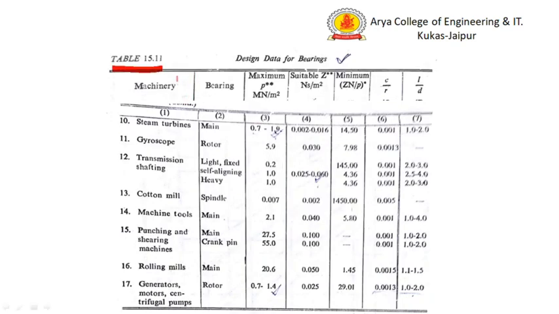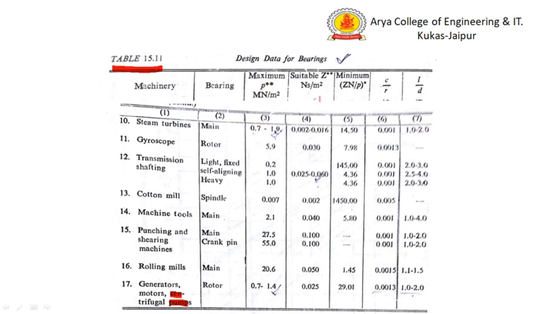In this, the first column is the application. The given application in the numerical is the centrifugal pump. This is the bearing application, and the third column is for maximum allowable pressure.